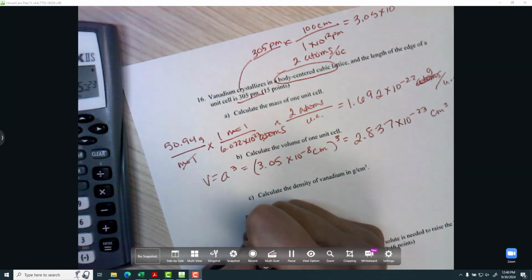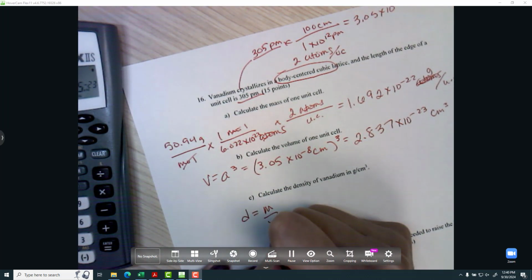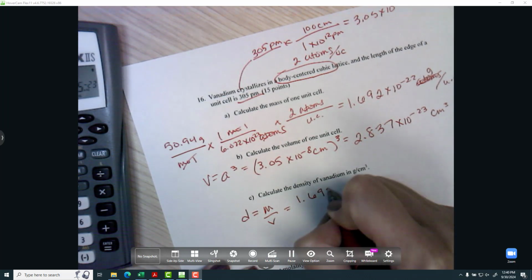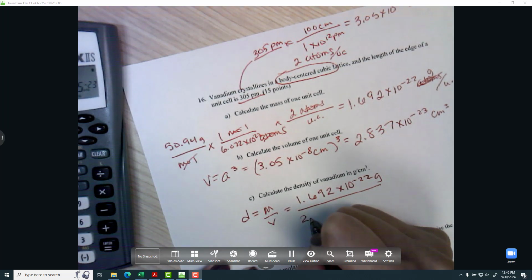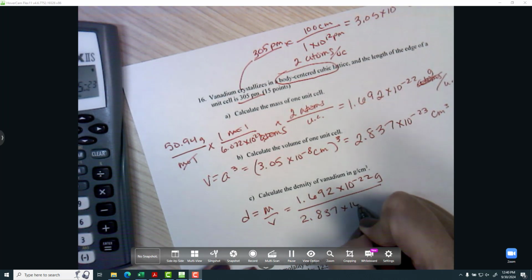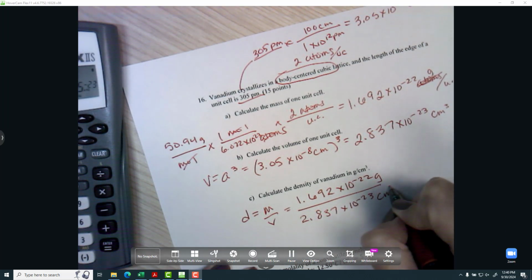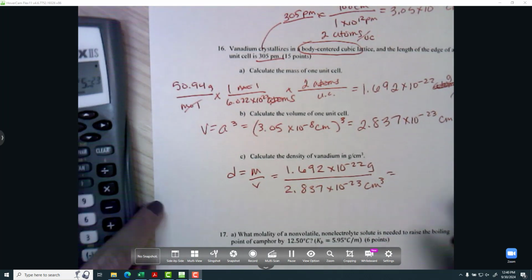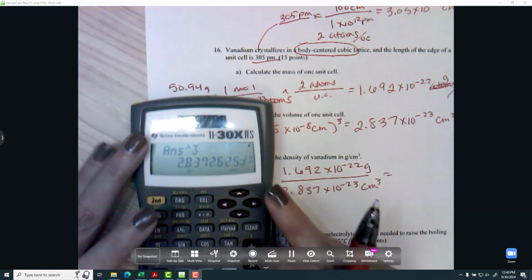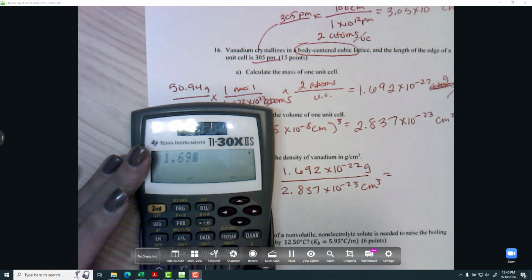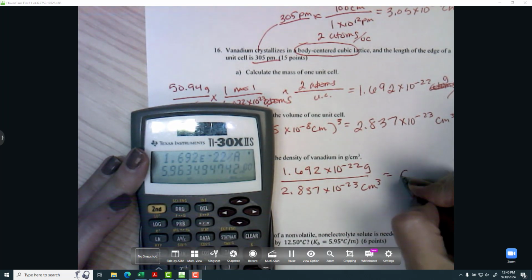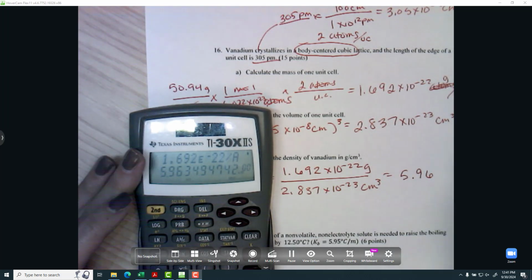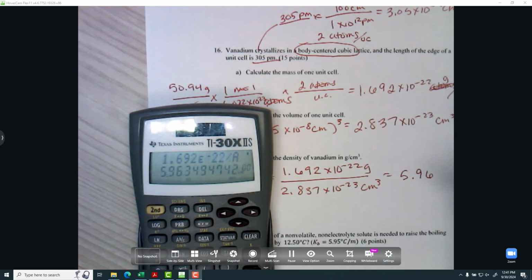So finally, for the density, it's just mass divided by volume. I know my mass is 1.692 times 10 to the minus 22 grams, and my volume is 2.837 times 10 to the minus 23 centimeters cubed. So put that in my calculator. And I got 5.9, I want 3 sig figs, so 5.96 grams per centimeter cubed.